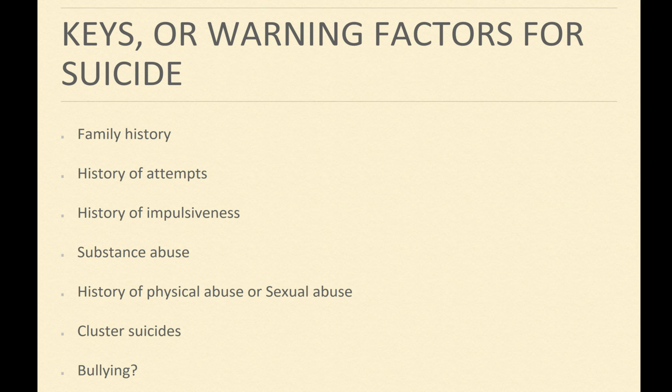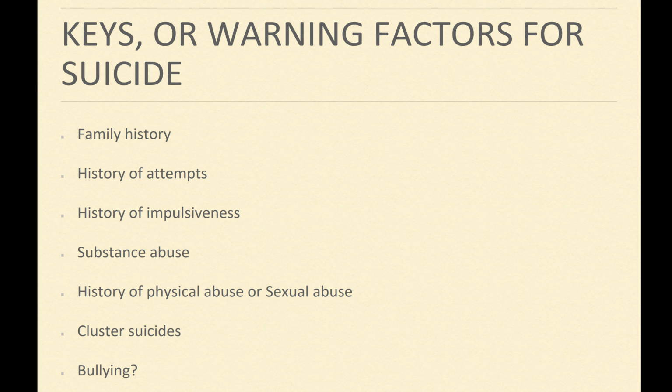If you've attempted in the past, it makes it more likely for you to attempt in the future, and the more attempts, the more likely you are to complete it. History of impulsiveness, doing things without thinking. Substance abuse. People who use substances of abuse are more likely to commit suicide than people who don't. History of physical or sexual abuse makes you more likely to commit suicide.